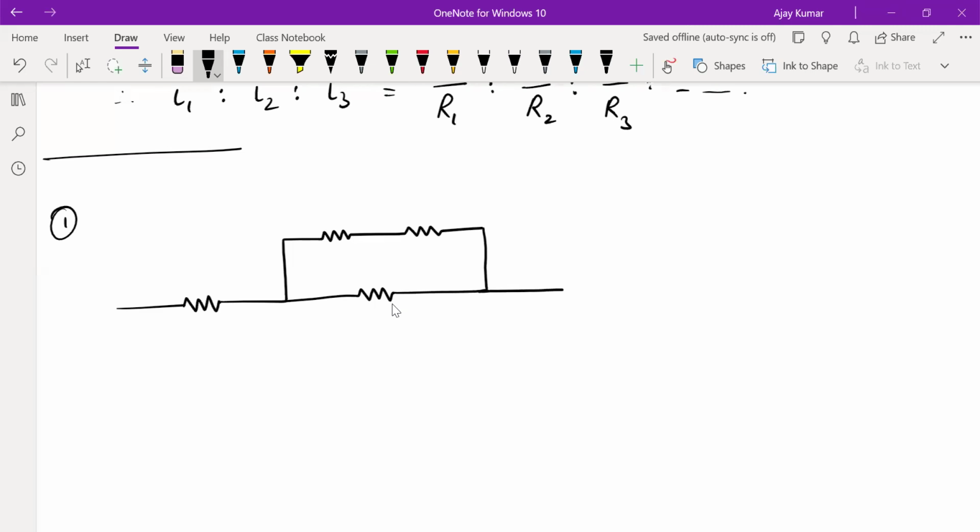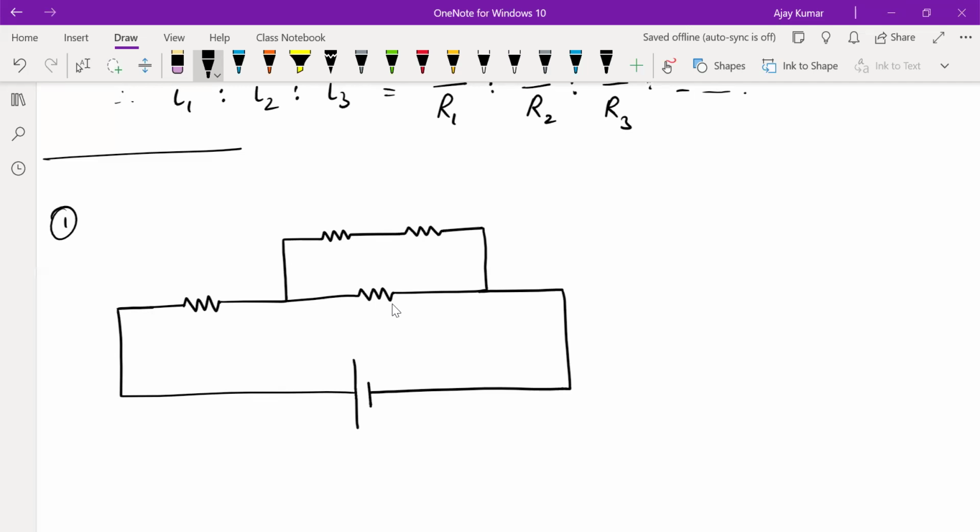If there are only two resistors R1, R2 in parallel, how will you find out the effective resistance? Harika, you tell. Only two resistors R1, R2 in parallel. R1 plus R2 by R1 R2. No. Two resistors in parallel. I am asking the effective resistance.